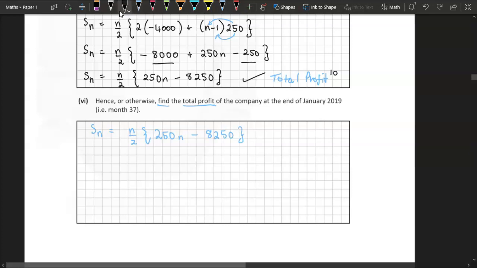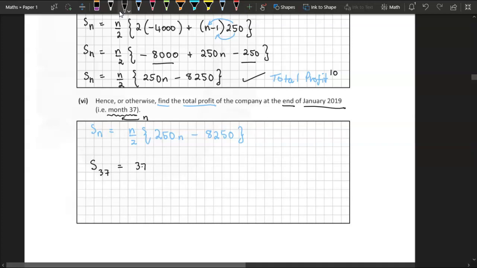And you're going to pop your numbers in here. It wants it at the end of January 2019, and thankfully it gives us, we don't have to count it up, month 37. Again, we know at this stage that the month is always n. So in this particular one, instead of Sn, we're finding S37.